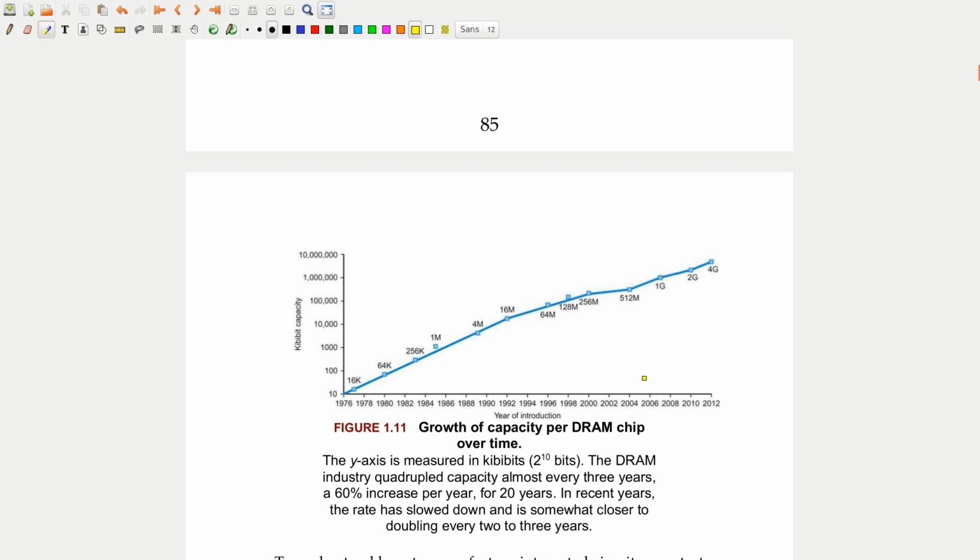By 2004, we're getting to 512 meg, and by 2012, we're getting to 4 gig. And these are per DRAM chip, so this isn't total memory or anything. This makes sense to us because of the exponential scaling of Moore's law. Keep in mind that this graph is logarithmically scaled.